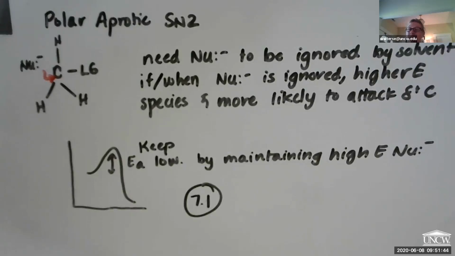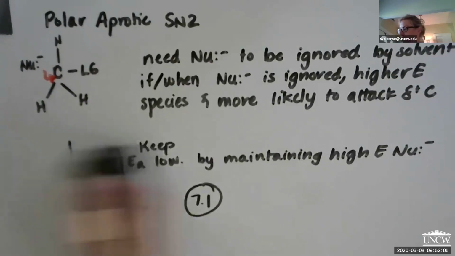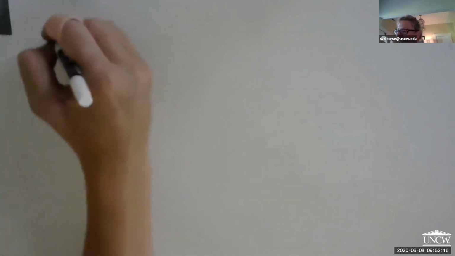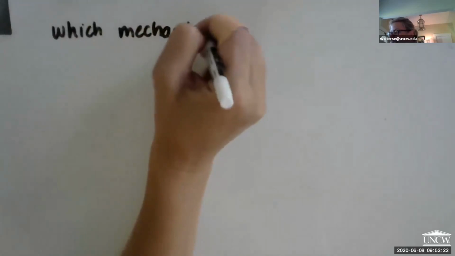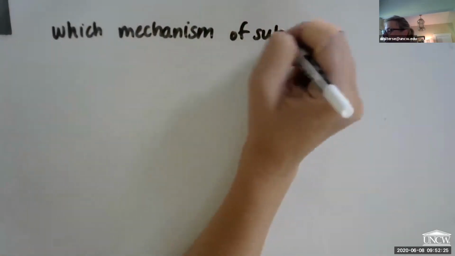So how do you approach this? We're going to spend the next couple of minutes looking at examples. This first one will be a little easier: which mechanism of substitution will occur?